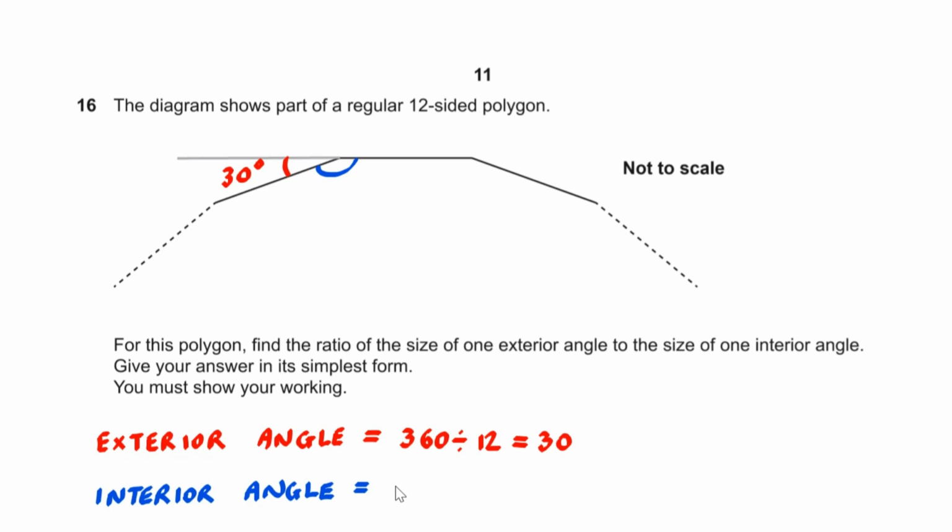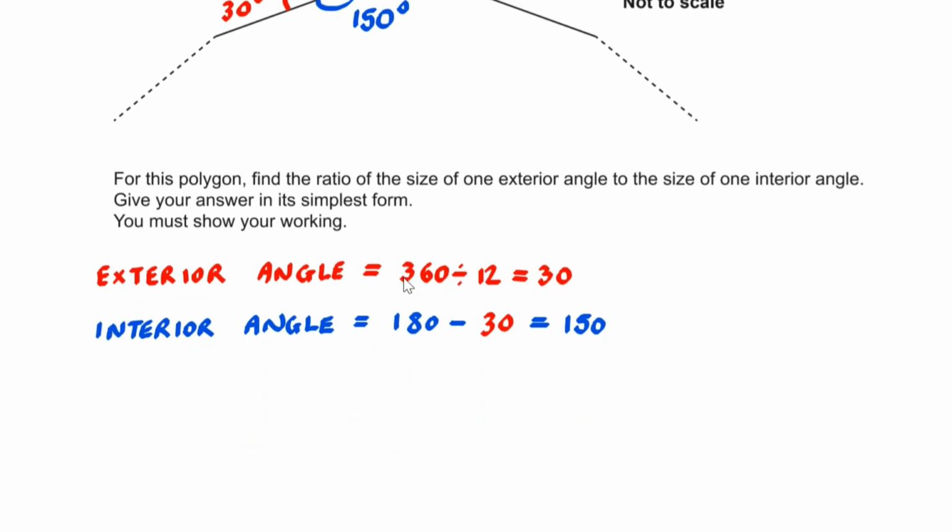The interior angle is equal to 180 subtract the exterior angle of 30, and if we work this out, we get 150. So this angle here is 150 degrees. What we need to do is find the ratio of the exterior to the interior.